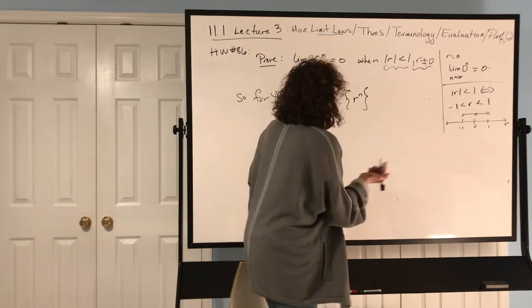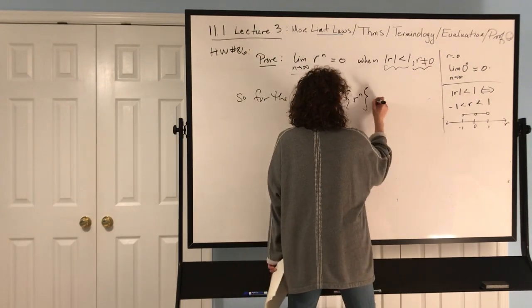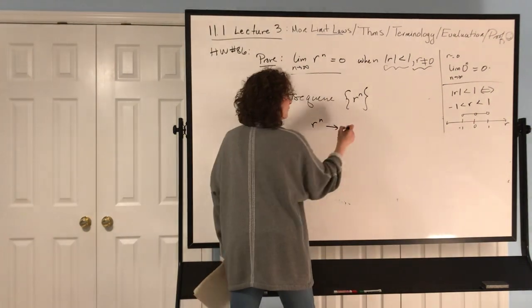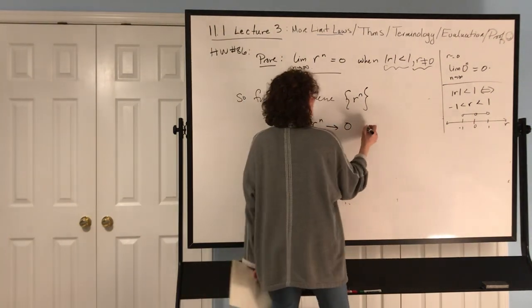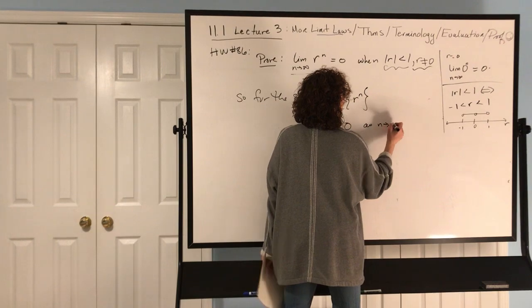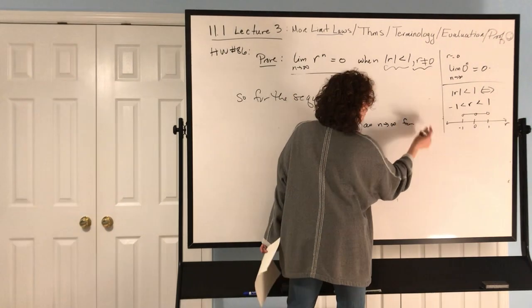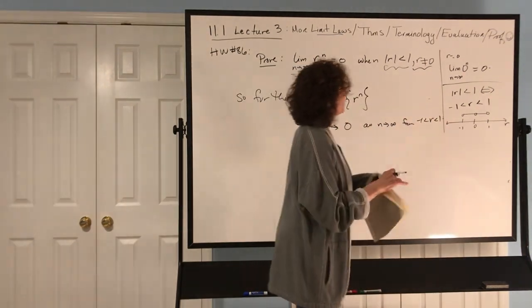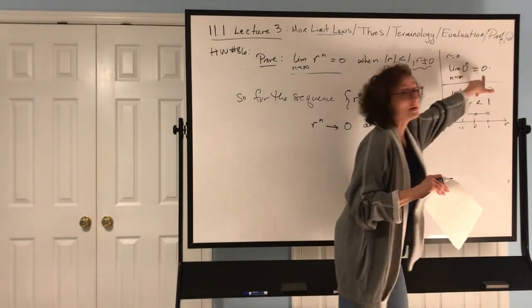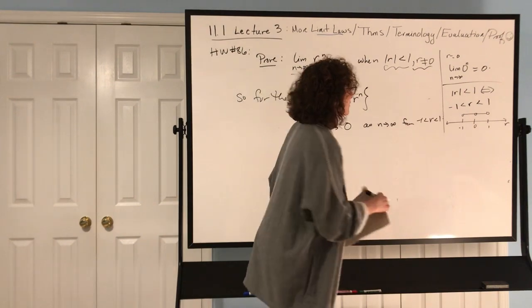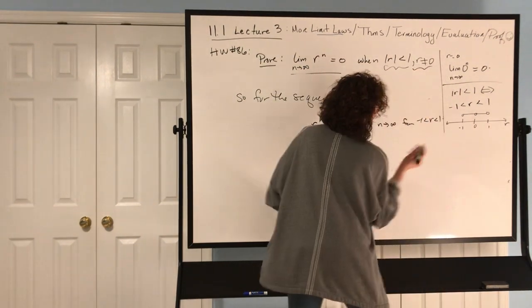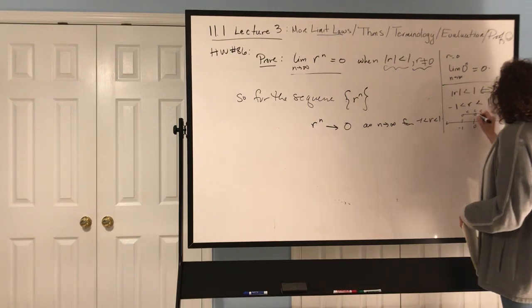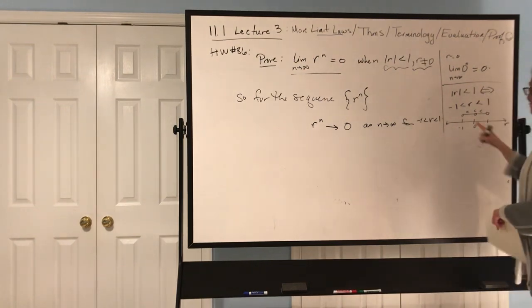This guy, r to the n converges to 0 as n goes to infinity, for negative 1 less than r less than 1, because it's also 0 when r is 0. So it goes to 0. So we got converge, converge, converge here.